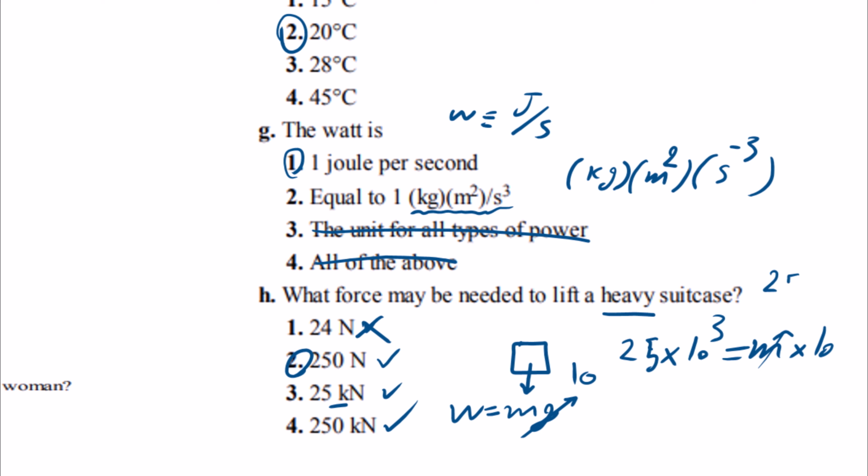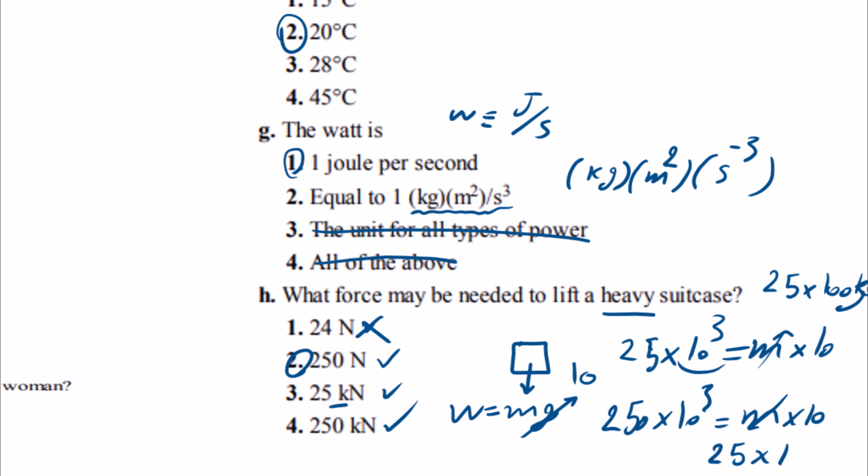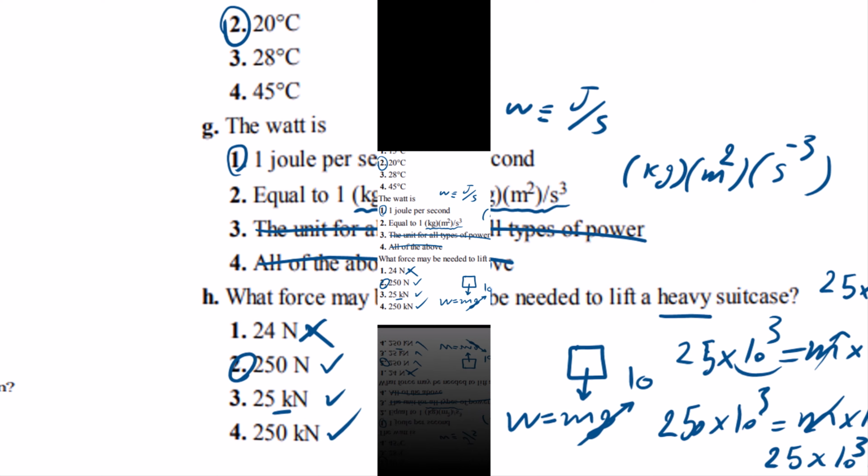It will be 25 multiply 100. I think I told you this as 100. Sorry if I went wrong. So this is wrong. How about this? This will be 25 multiply 10 power 3 kilograms. I don't think this suitcase even exists. Okay, so answer is the second one.